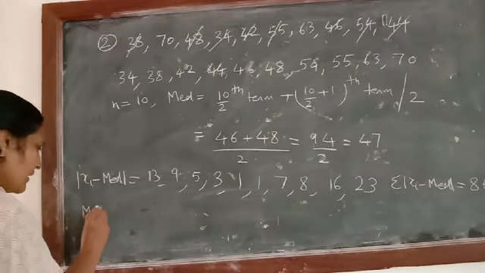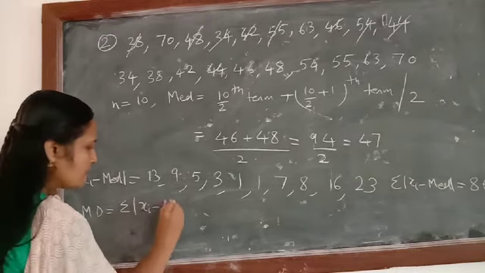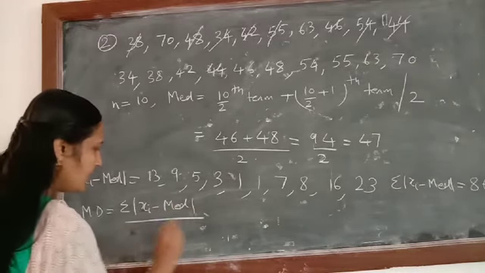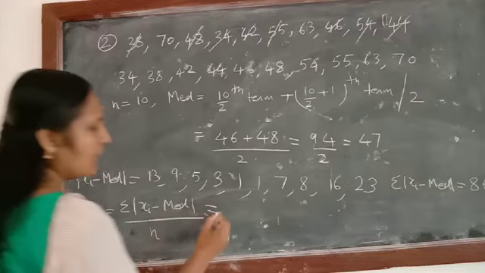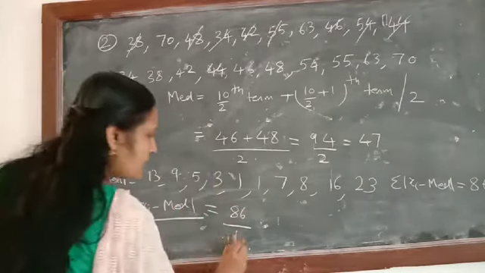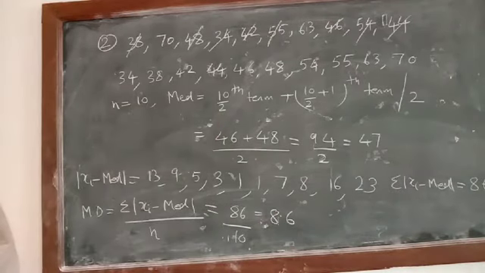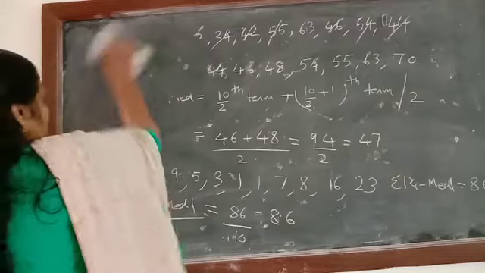And then write down here, mean deviation is equal to sigma modulus of xi minus median by n. So we have here 86, 86 by number of observations, which is 10. So our answer will be equal to 8.6. Is it clear how to calculate the median when observations are given? Okay. Now we can check the next question.